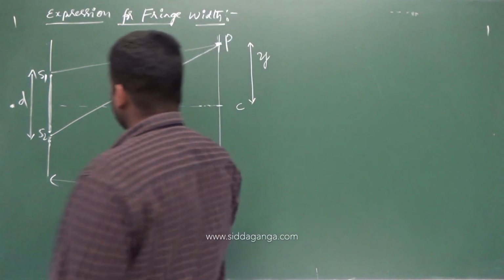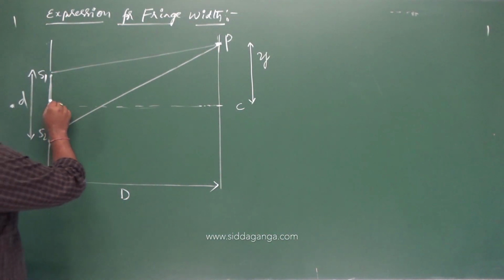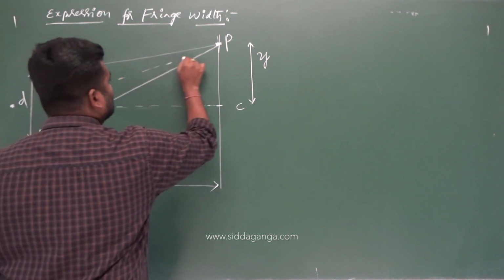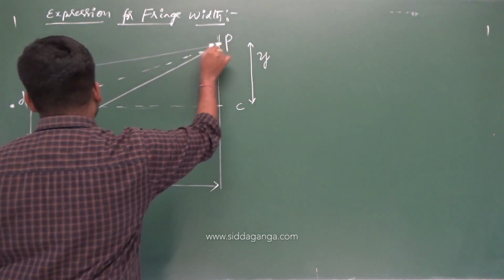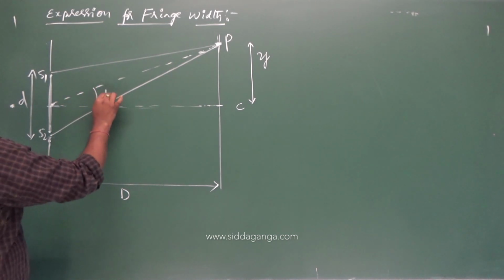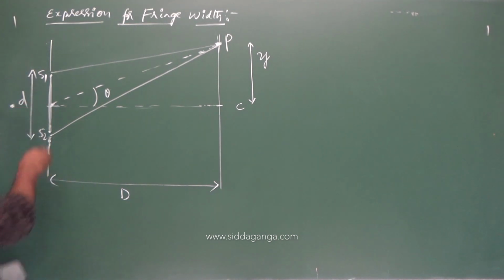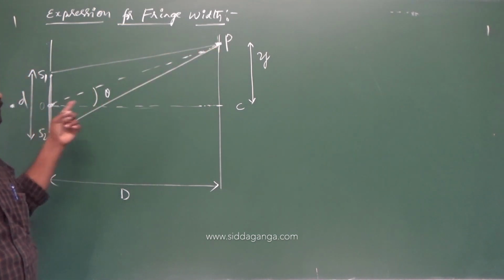Again I am going to draw one more line from this center point to this particular point P, and let us say this is going to subtend an angle theta. The angle between the lines joining the point, let us call it O, from O to P and O to C, right?